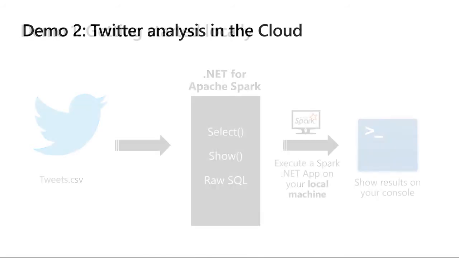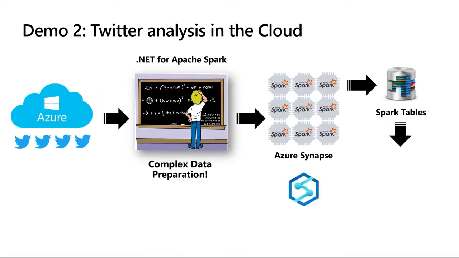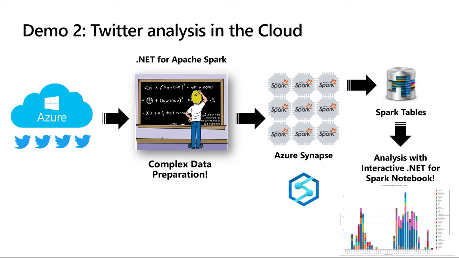In the second example, I uploaded many of those tweet files up into my Azure Data Lake storage account. I'm using .NET Apache Spark to do some complex data preparation using a Spark cluster in Azure Synapse. And that creates me Spark tables. And then I have a notebook that I use to actually analyze and get some interesting insights over the data that I have uploaded and processed.